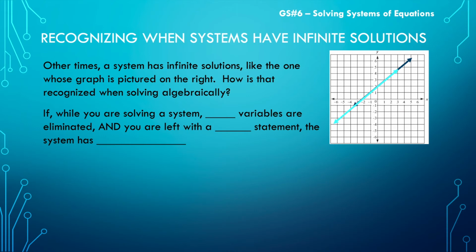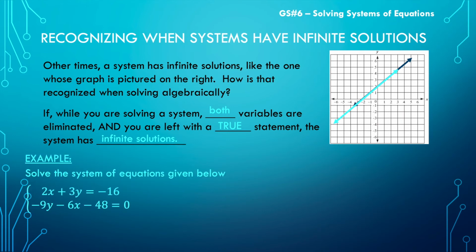You're solving the system and you're skillfully applying either substitution or elimination, and all of a sudden both variables are gone, but what you're left with is a true statement. If you're left with a true statement, then the system has infinite solutions. Every point along each line, because they're the same line, satisfies the system. So let's look at what that looks like.